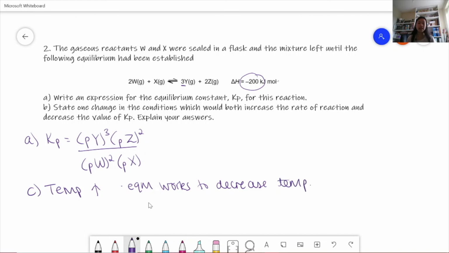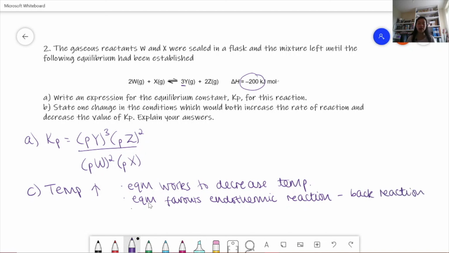And it does this by favouring the endothermic reaction, and in this case that is the back reaction.